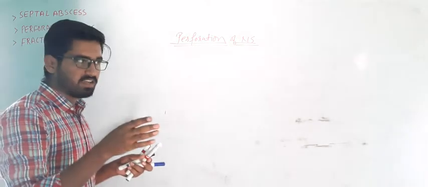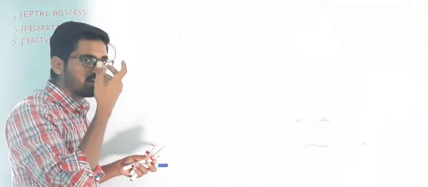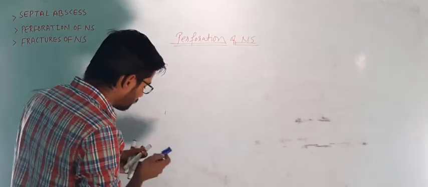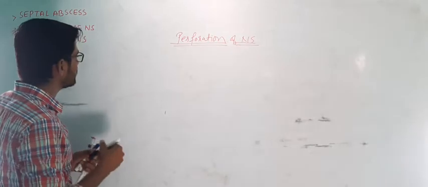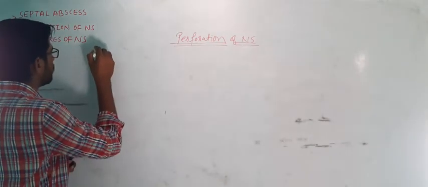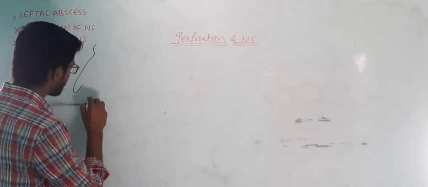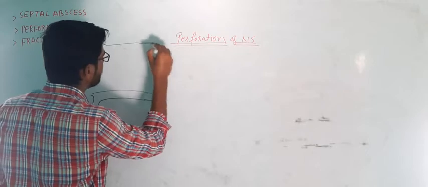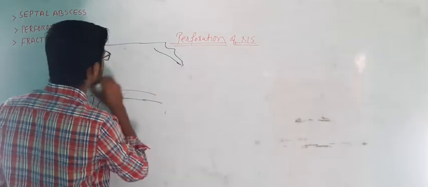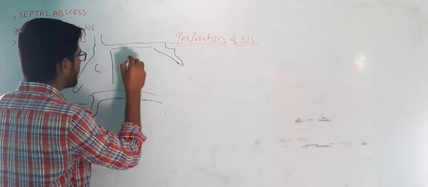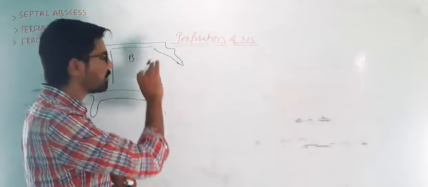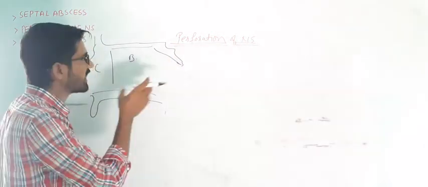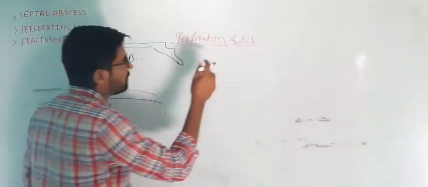See, this is the septal cartilage, am I right? This is the cartilage part, and here is the bony part, the perpendicular plate of the ethmoid and the vomer. Any perforation in the midline of the septal cartilage is a perforation of the nasal septum.